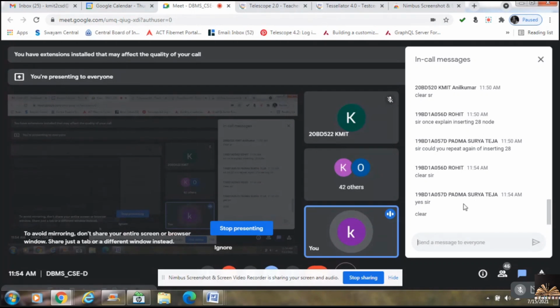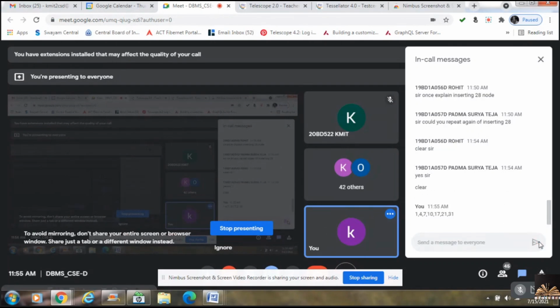Now, try an example to insert the elements 1, 4, 7, 10, 17, 21, 31 in a B plus tree of order 4.